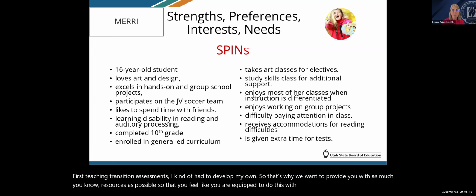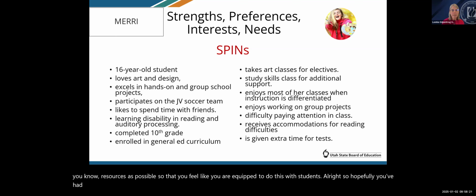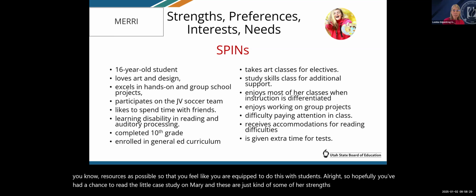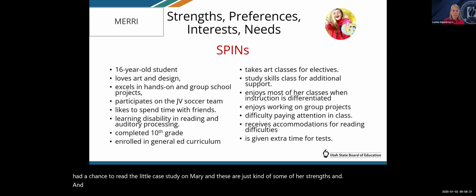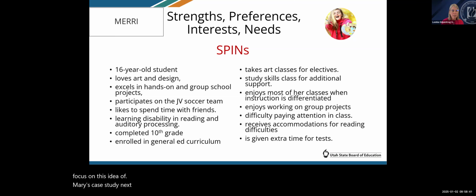All right, so hopefully you've had a chance to read the little case study on Mary, and these are just kind of some of her strengths and preferences and interests and some of her needs. And so we'll talk about that kind of throughout, and we'll especially focus on Mary's case study next week in particular. But just in a nutshell, she's a high school student, 16.